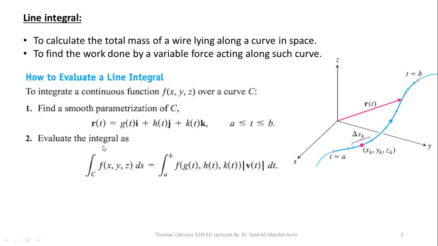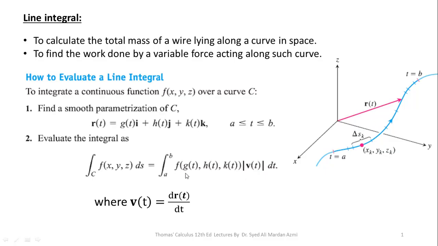Then we evaluate the line integral of f of x, y, z ds over the curve C, which equals the integral from a to b of f of g of t, h of t, k of t times the magnitude of v of t dt, where v of t is the derivative of r of t with respect to t. Please note that in this calculation, a and b are the limits of parameter t.